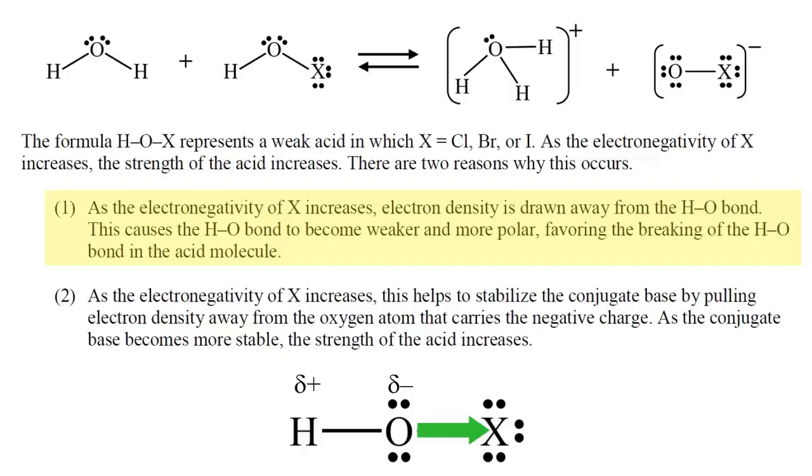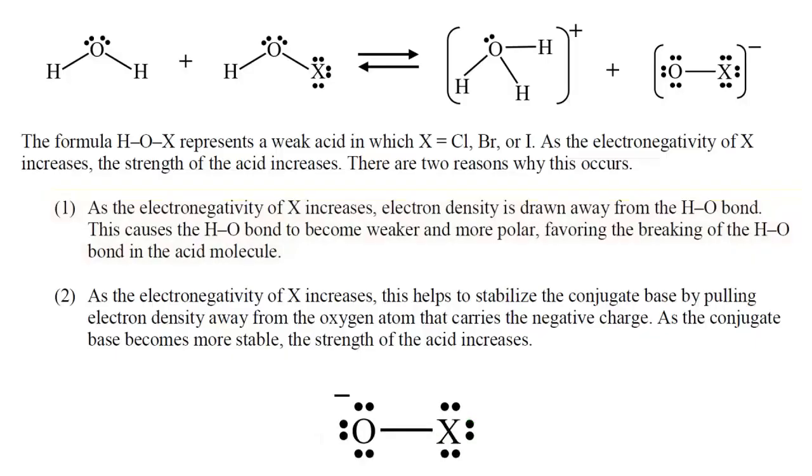And then the other reason is also related to electronegativity. As the electronegativity of the X atom increases, this helps to stabilize the conjugate base by pulling electron density away from the oxygen atom that carries the negative charge. And so as the conjugate base becomes more stable, the strength of the acid increases.